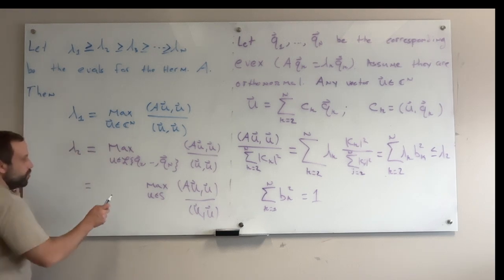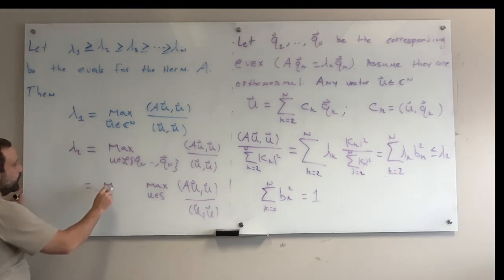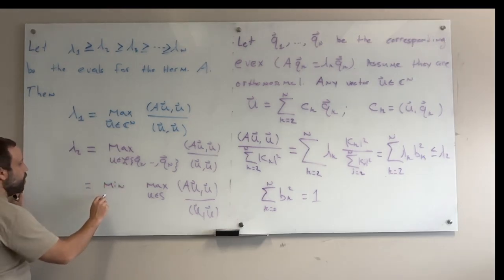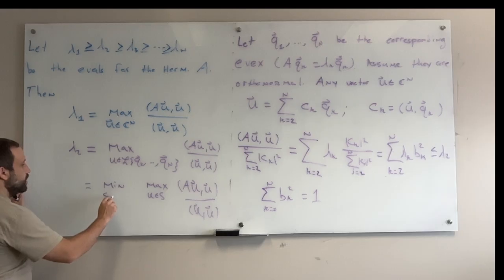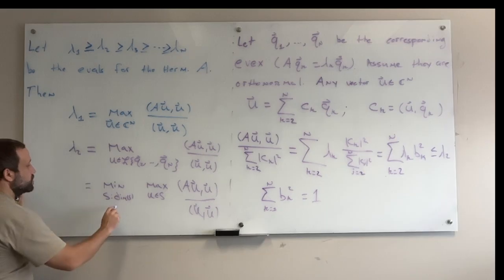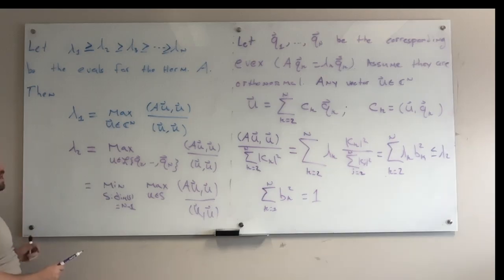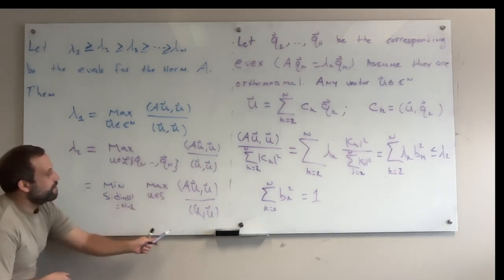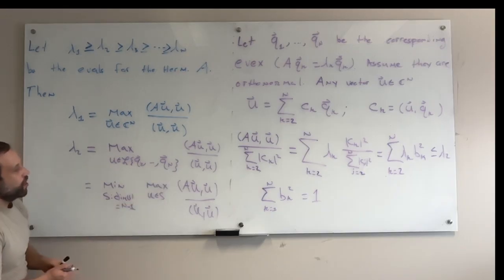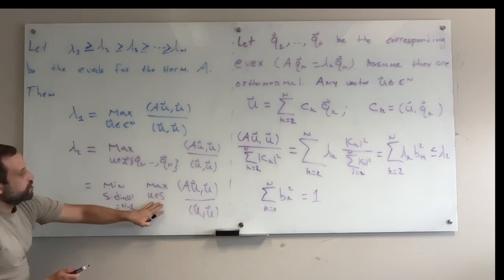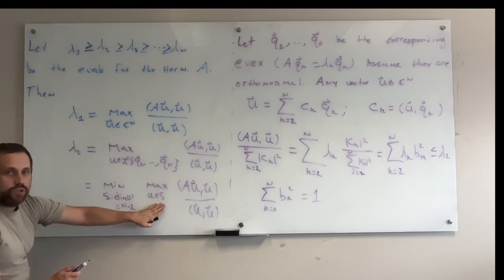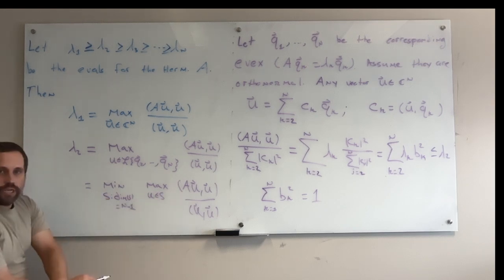So what we want to do is look at the minimum over all S such that the dimension of S is equal to n-1. So for every n-1 dimensional subspace, we're going to find the maximum thing here. If the vectors in S are not orthogonal to Q1, then this maximum is always going to be equal to lambda 1.